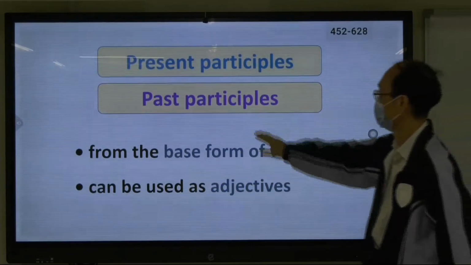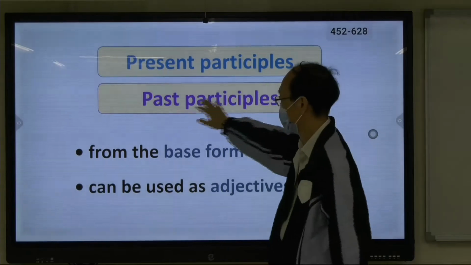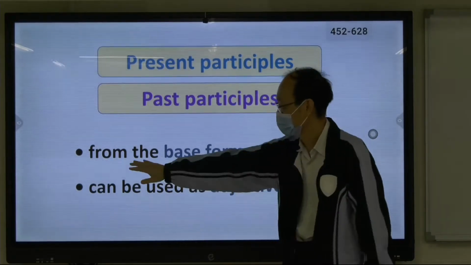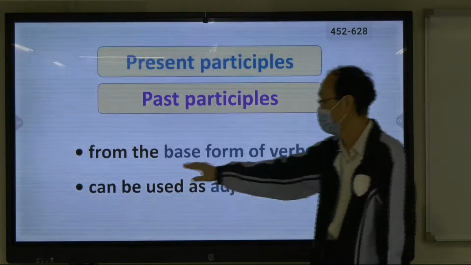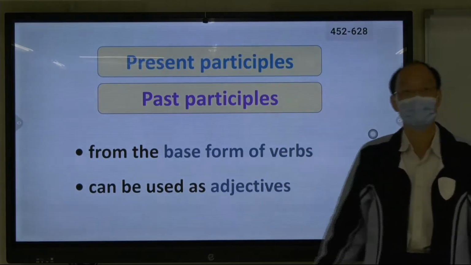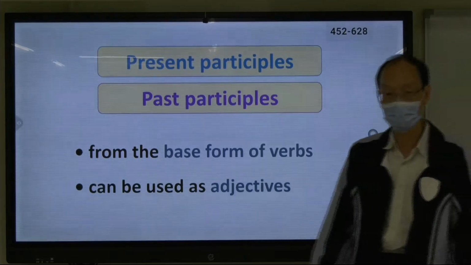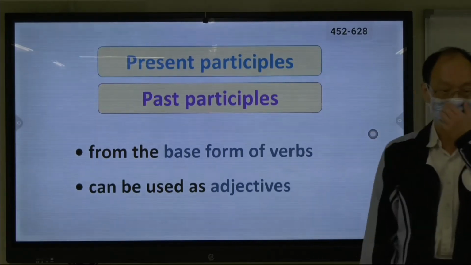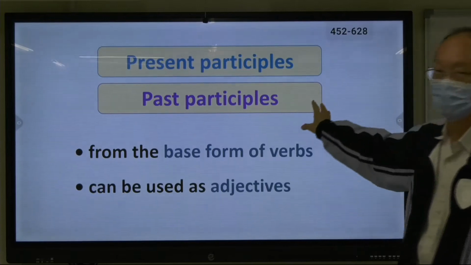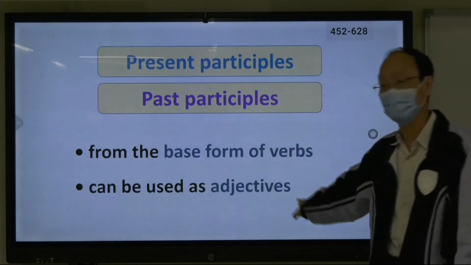First of all, present participle and past participle are formed from the base form of verbs. Usually we can use this kind of participle as adjectives.